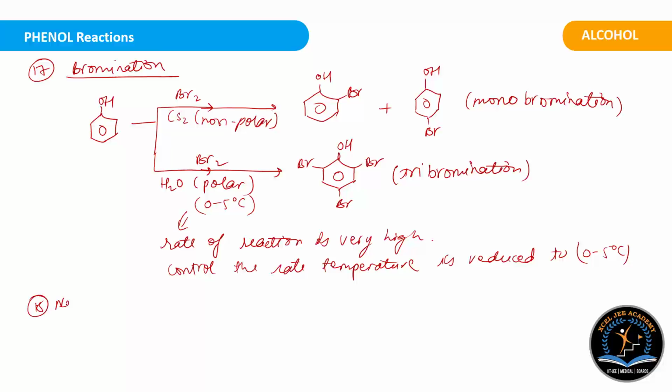Similarly, we can have a nitration reaction also. So the 18th one which we are having is nitration, that is phenol is there, on phenol we are adding nitric acid which is HNO3. Now again two cases, that is dilute and concentrated. So with dilute HNO3, nitration will be done at only one position.